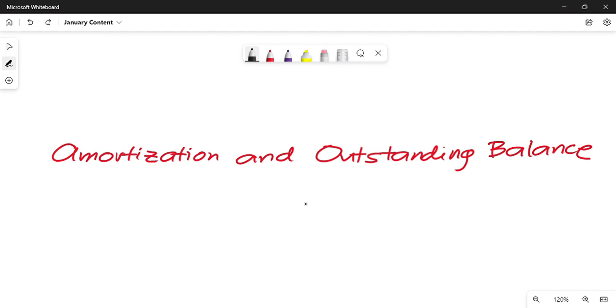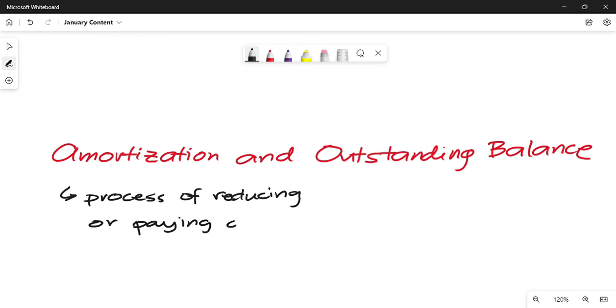You probably have heard of this, and just to recall, amortization is the action or process of reducing or paying off a debt with the regular payments.